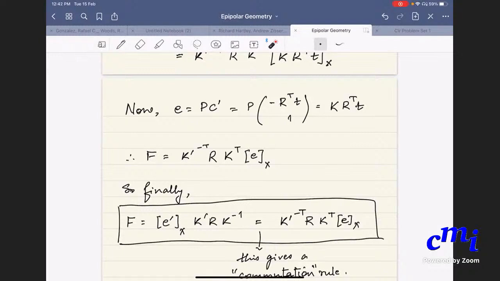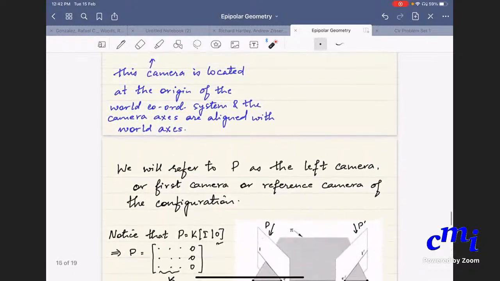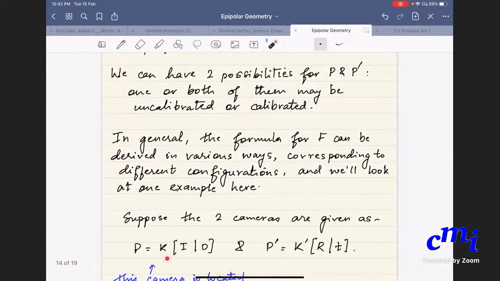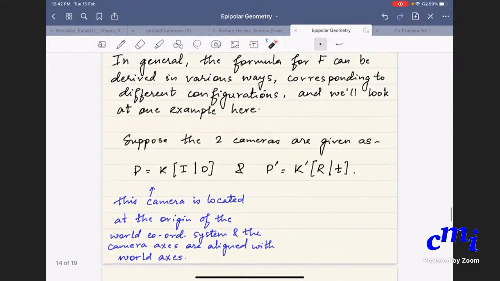We started off with a simple expression for the first camera, but there is a general way of doing this also. As you can imagine, the formula will become a little more complicated. If you understand the expression when the first camera is so simple, then anytime you need, you can look up what it is when this is not as simple.